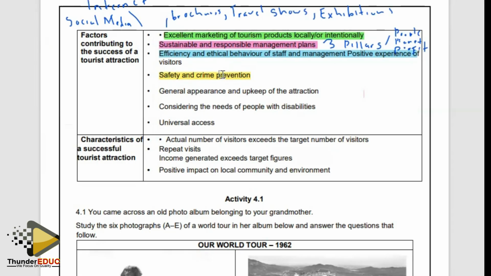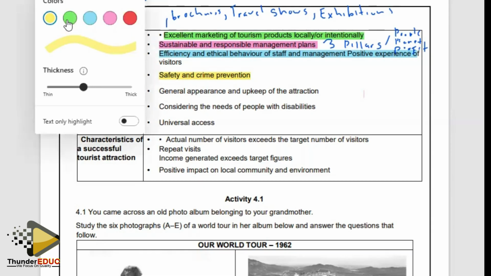Safety and crime prevention is a major issue when it comes to the success of an attraction. So most tourists would want to visit places which are safe, places which are crime-free. So if a tourist becomes a victim of crime or a victim of a disaster, they are most likely to go and spread a negative word of mouth to the rest of the tourists.